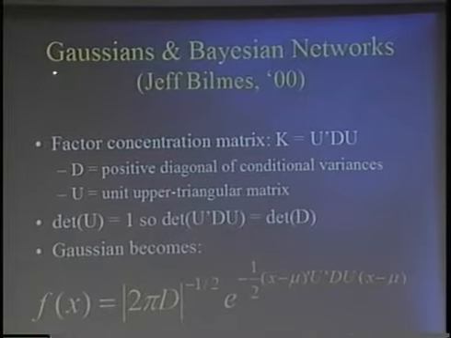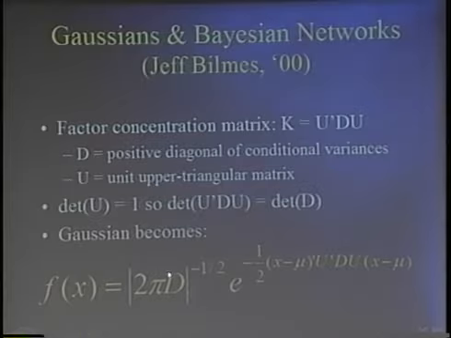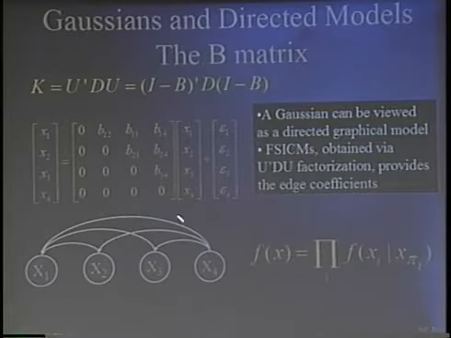I've also looked at Gaussians as Bayesian networks, where a given Gaussian density can be represented essentially as a Bayesian network by doing a Cholesky factorization of the inverse covariance matrix. So K is the inverse covariance matrix. It can be factored into U D U, where D is a positive diagonal of conditional variances, and U is the upper triangular matrix, the off-diagonal entries of which correspond precisely to the regression coefficients of a Bayesian network, which is represented right here.